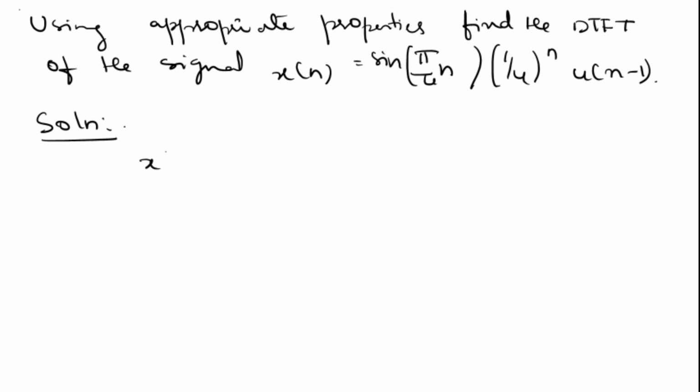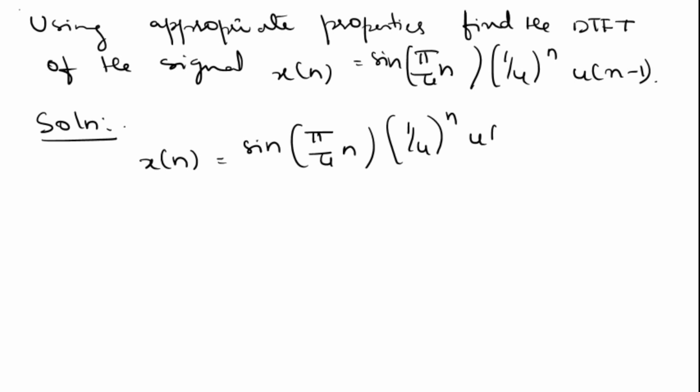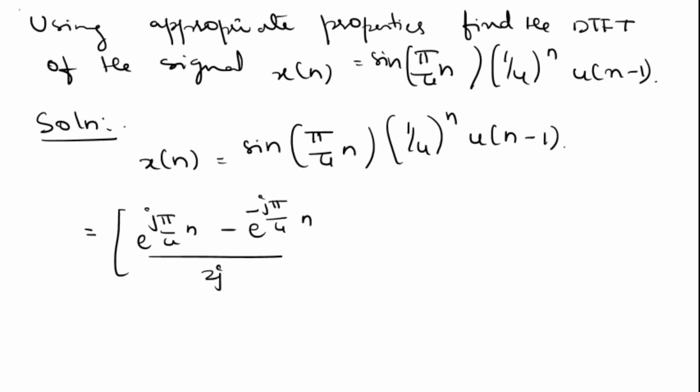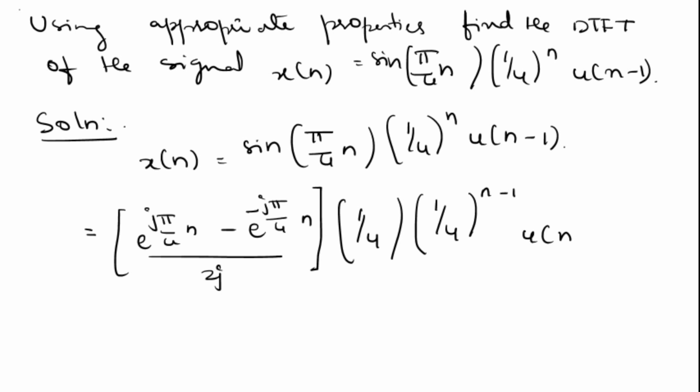It is given x of n is equal to sin(pi by 4 n) into (1 by 4)^n into u of n minus 1, which is equal to (e^(j pi by 4 n) minus e^(minus j pi by 4 n)) divided by 2j, into (1 by 4)^n into u of n minus 1.